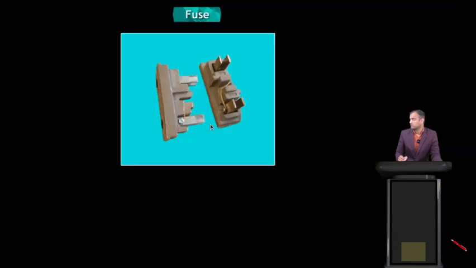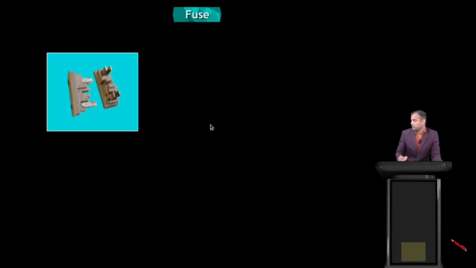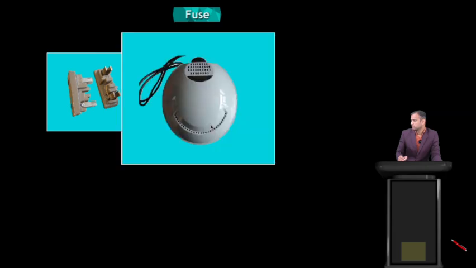So fuses have different types. Here you can see these fuses are used in our home circuit. These fuses protect the electrical appliances.